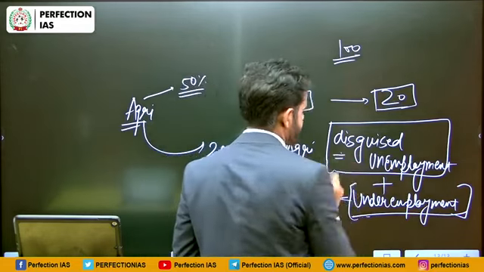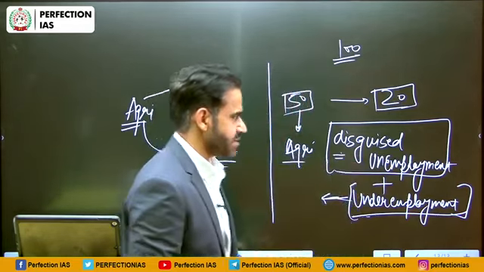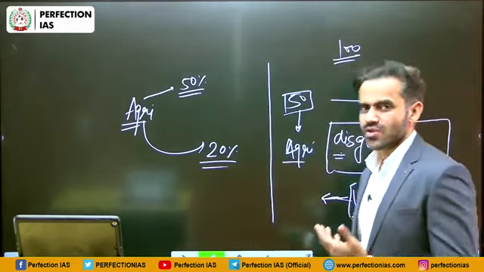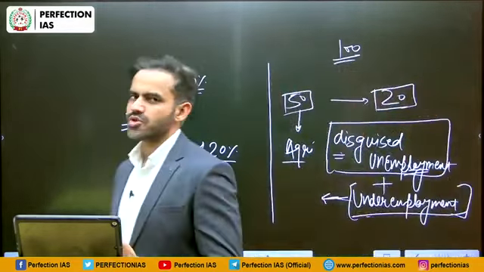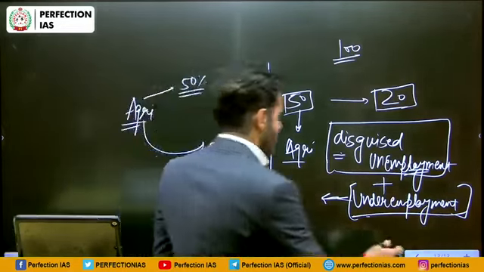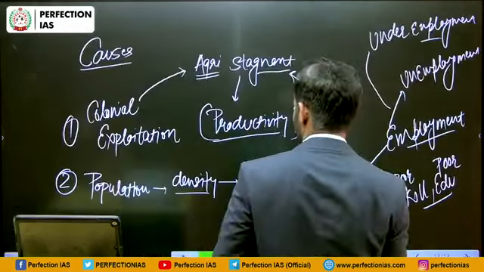Disguised unemployment means a person feels that he is employed, however, the marginal productivity is quite low. That means his economic contribution is quite low. Okay. So far we have discussed these two factors.